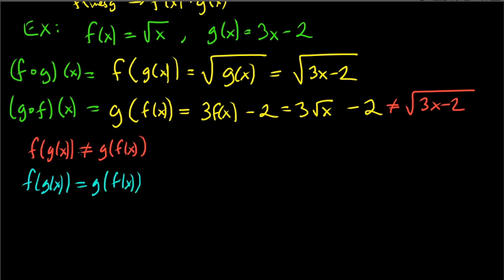When they're equal, they don't always have to equal the same thing, but let's suppose they're both equal to x. If they're both equal to x, you should know how f and g are related. If you forgot, f and g are inverse functions.